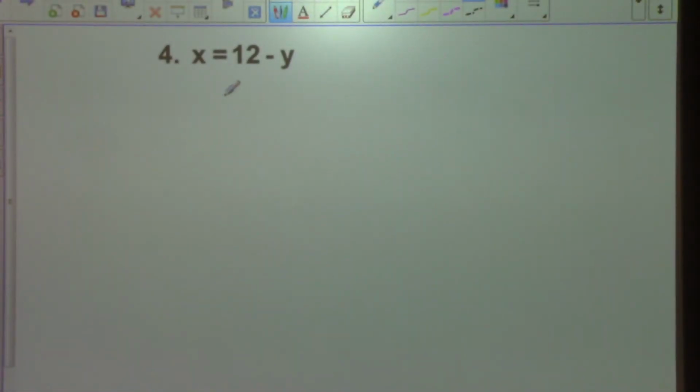And this one here, is y a function of x? Will says yes. What do we have to do to figure out for sure? Let's go ahead and solve this. How do we solve this one? Y equals 12 minus x. So Hannah came up with y equals 12 minus x.